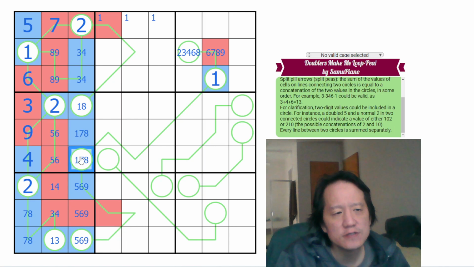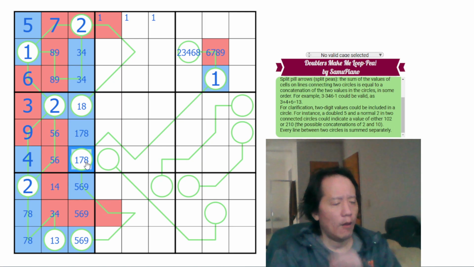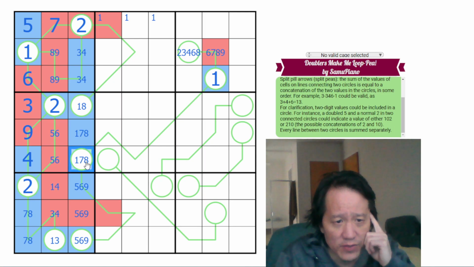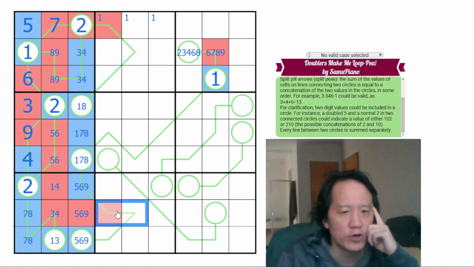If this is not 1, that means this is 7 or 8. This would then have to be 5, right? Because what is this at most? This is 48 at most. So this can never be 8. This is 48 at most.